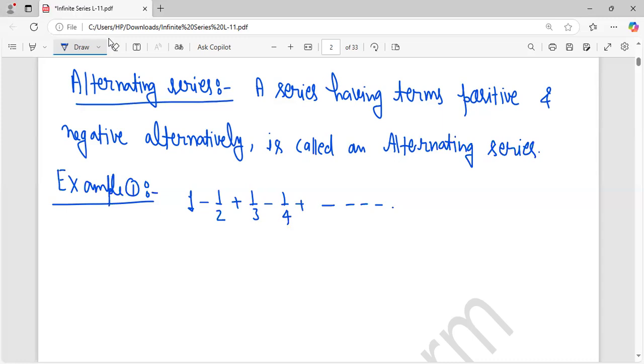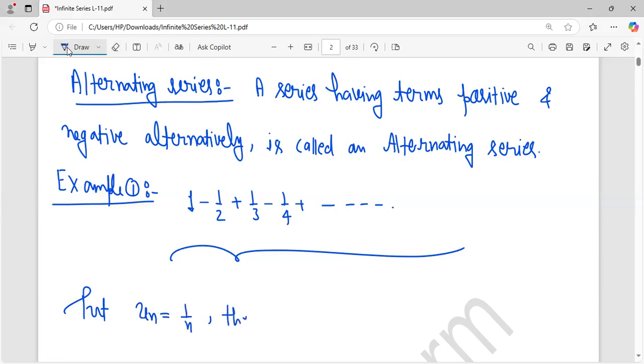So how to write this series? Put un is equal to 1 upon n.